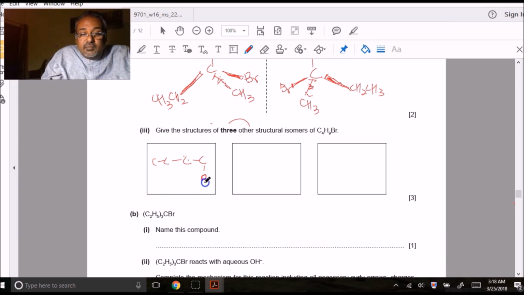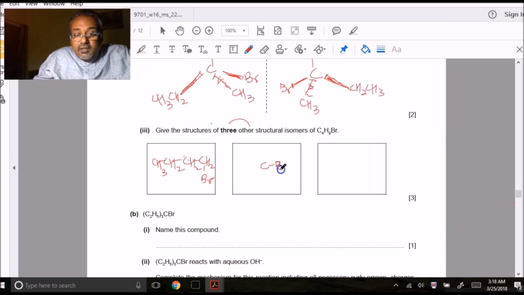I can connect the Br here, so that becomes 1-bromobutane. Don't forget 3 H's, 2 H's, 2 H's, and 2 H's. That's 1-bromobutane. I can even think of a carbon with a Br, and since I have 4 carbons, I can think of something like this.